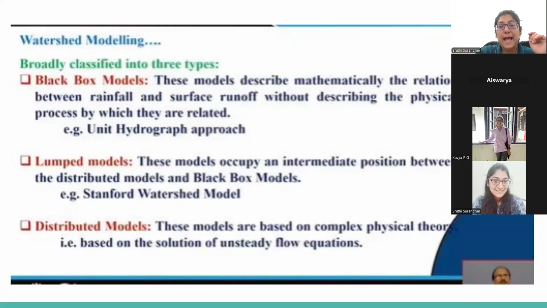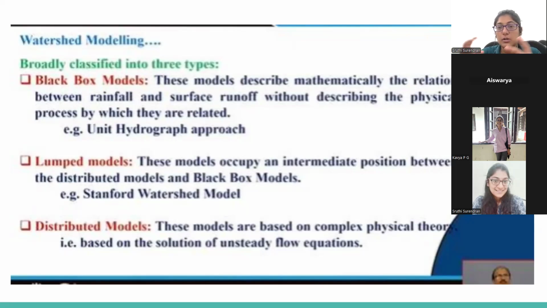Okay. So black box models are models that will mathematically represent the relationship between rainfall and runoff. There is no equation based relation. It will take the data of some 10 watersheds, check what the rainfall is, check what the runoff is, and say that runoff is this many times rainfall.